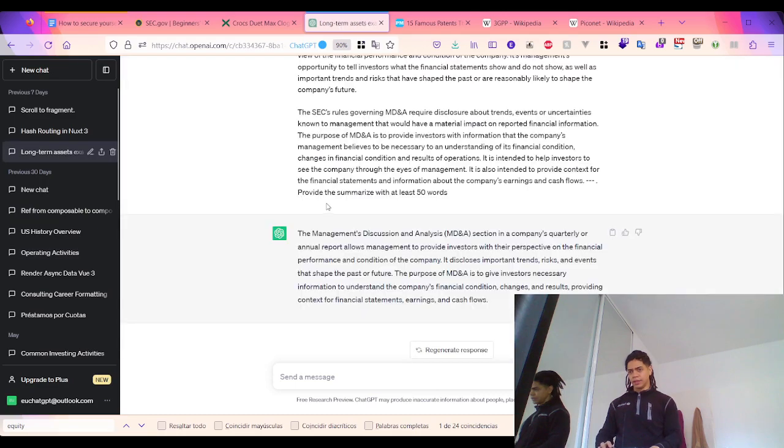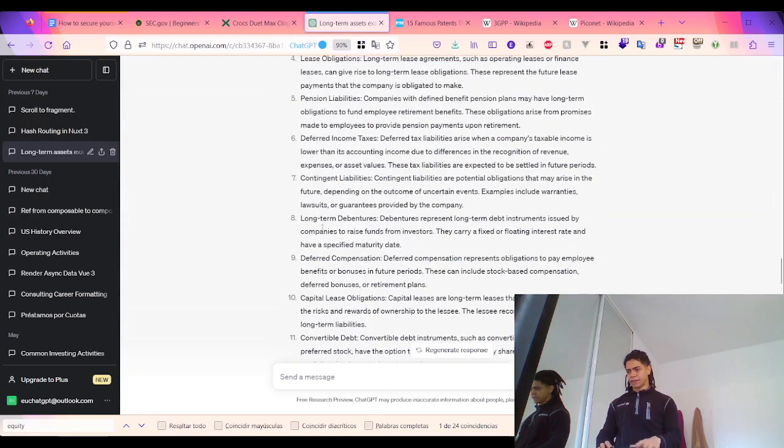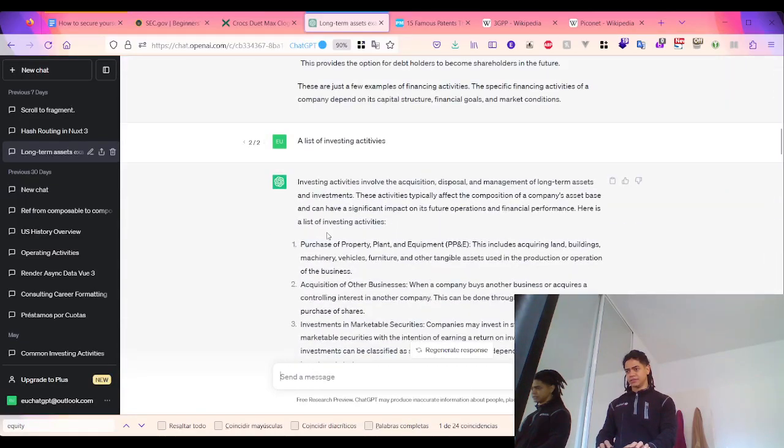So long-term liabilities now is the financing activity.